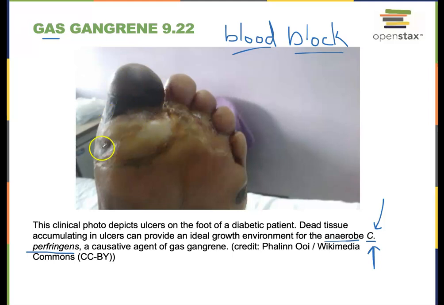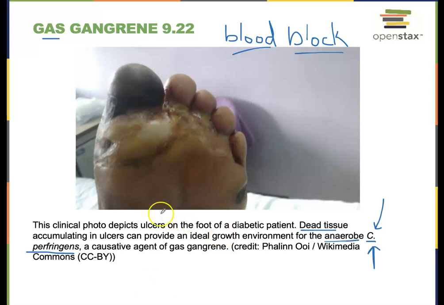So you'll find that tissues will have really big areas of gas bubbles that are created from the fermentation. Gas gangrene is really awful because it can cause tissue necrosis, which is dead tissue.